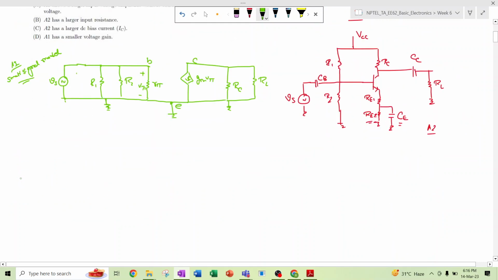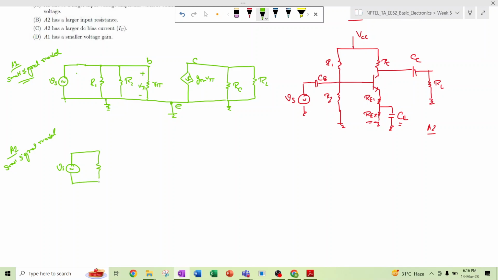If we similarly draw the small signal model of A2, there will be Vs, similarly R1 and R2, and here in the emitter there is another resistance, RE1, and RE2 is bypassed, so we will not consider RE2 during the AC analysis.